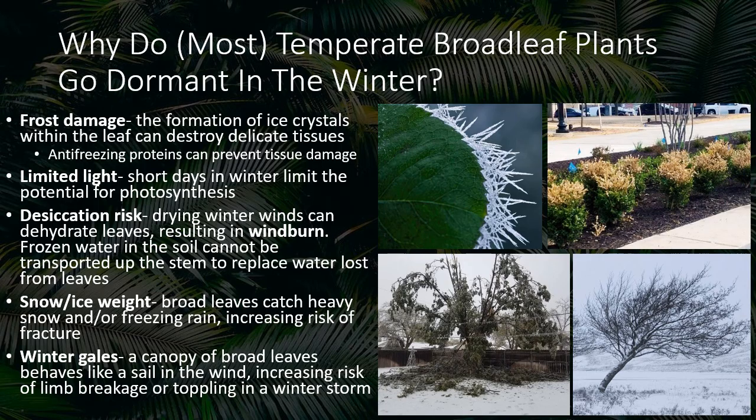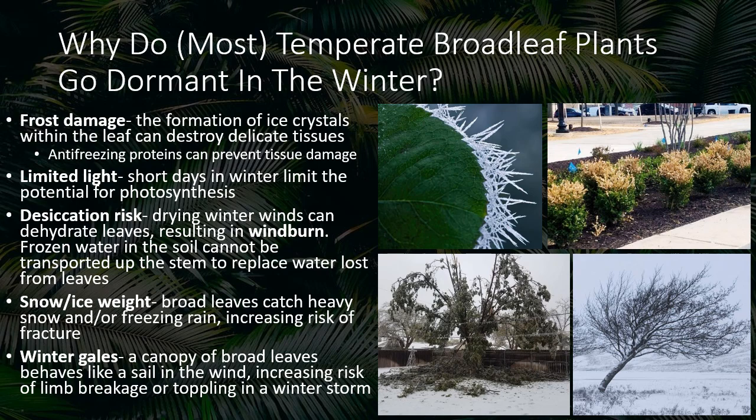Another major risk is the snow. It's the weight of snow and ice. The broader your leaves are, the more surface area you have above the ground, which means you have more surface area for catching the weight of snow or freezing rain. Freezing rain is particularly dangerous because if it's below freezing but rains, that rain will freeze and form a sheet of ice that progressively gets thicker and thicker the longer the bout of freezing rain continues, which increases the risk of fracture or collapse of your tree.